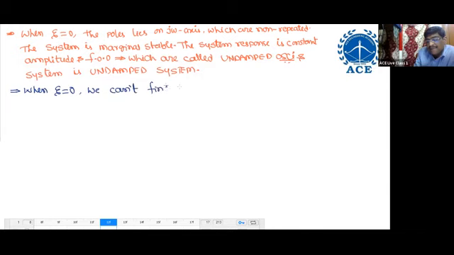When zeta equal to 0, we cannot find steady state errors because the system is marginal stable.